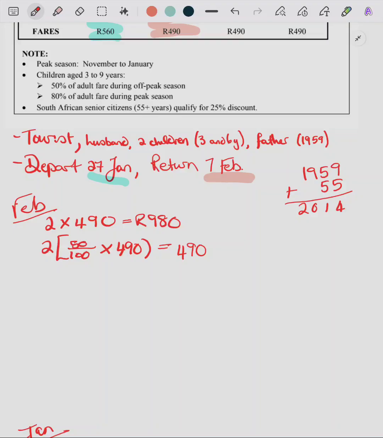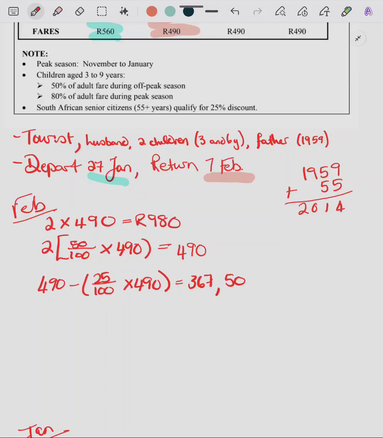Then we're going to go to the father, and the father gets his 25% discount. This is the same as what we did in the last question. It would have been 490 minus 25% of 490, and that's going to give me 367.50.